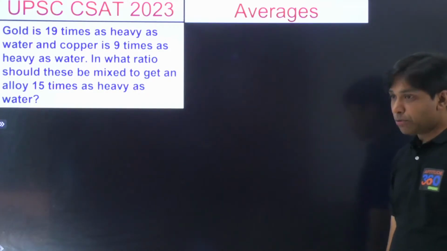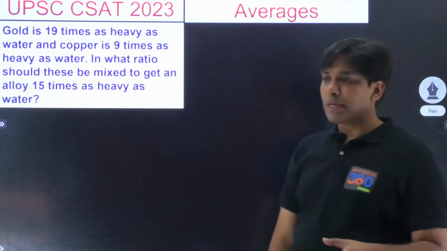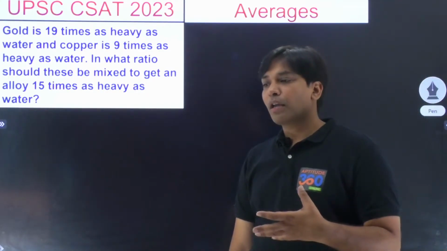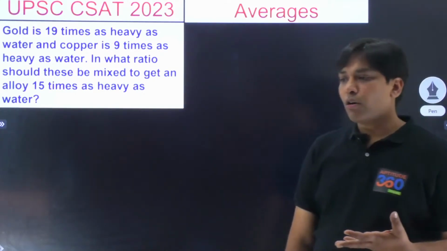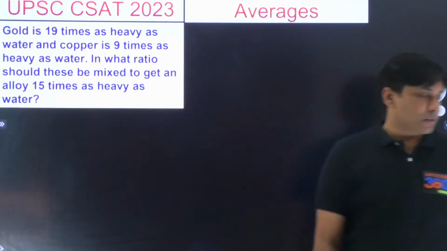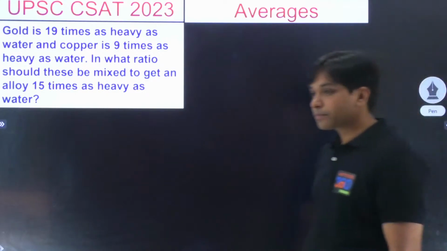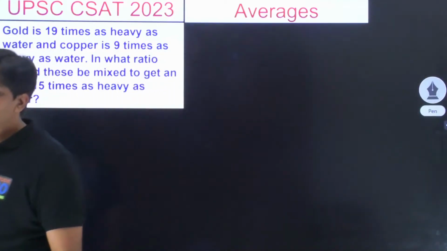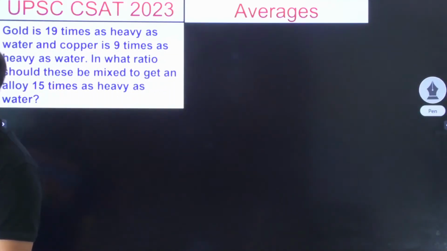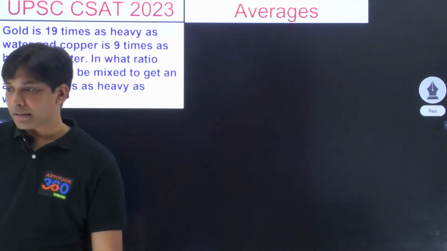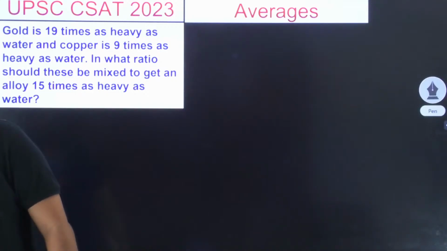And in what ratio should these be mixed so that an alloy is going to be costing 15? Aradhana is getting the answer. Good job, Aradhana. How about Shivam and Vishal?